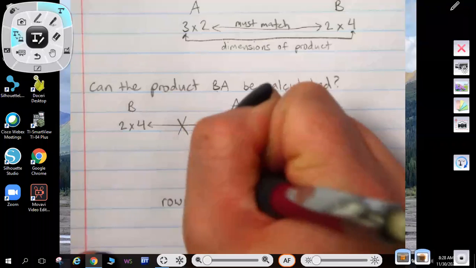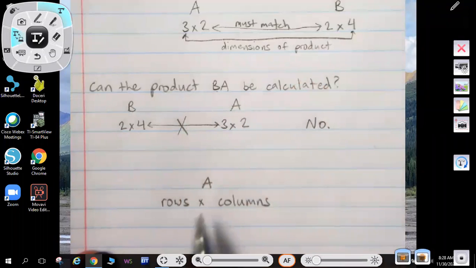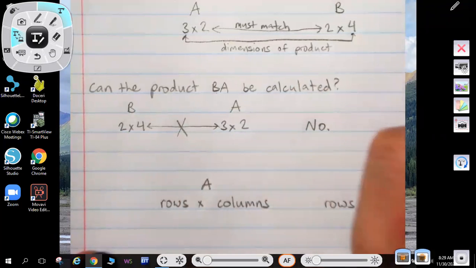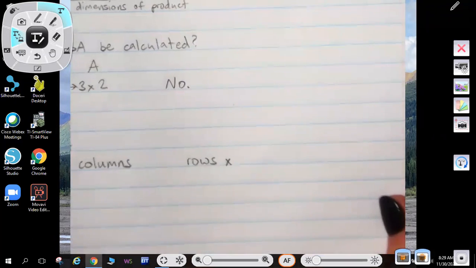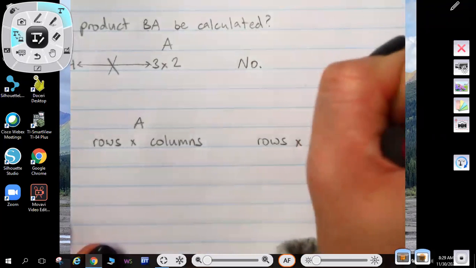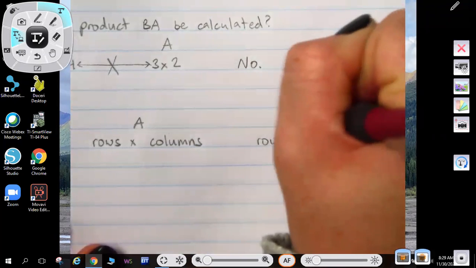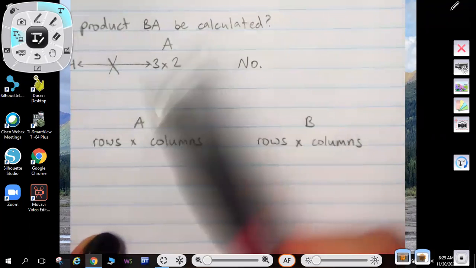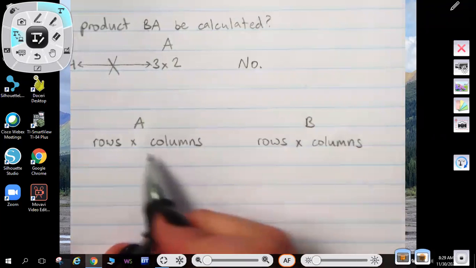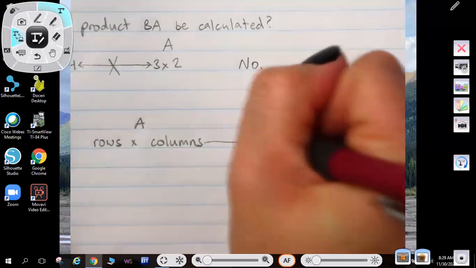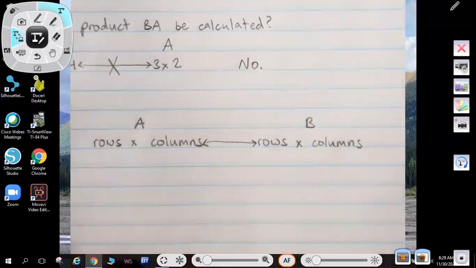So if this is matrix A and it's got some number of rows times some number of columns, and rows times columns for matrix B. What we're saying in the two examples that we worked is that the number of columns in the first matrix has to match the number of rows in the second matrix.